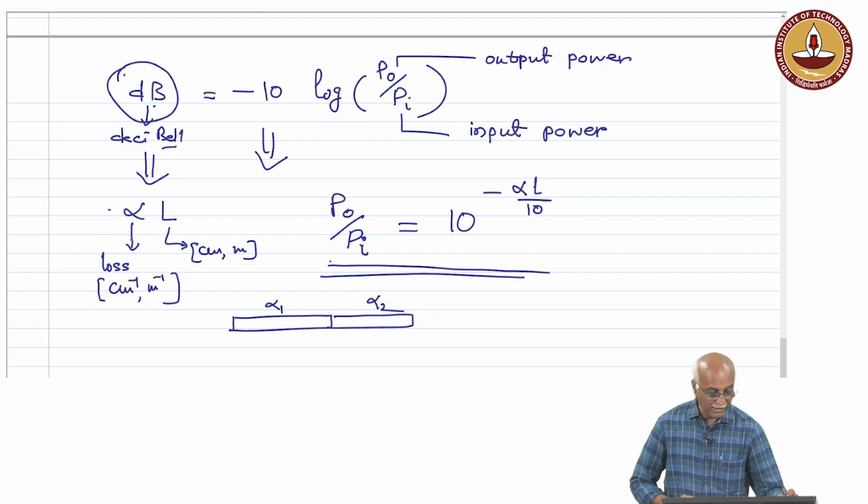So, indirectly, if you see our formulation, this loss is not per centimeter, actually it is decibel per centimeter loss, you understood, decibel per meter. Sorry, I will write it down here, instead of confusing you.